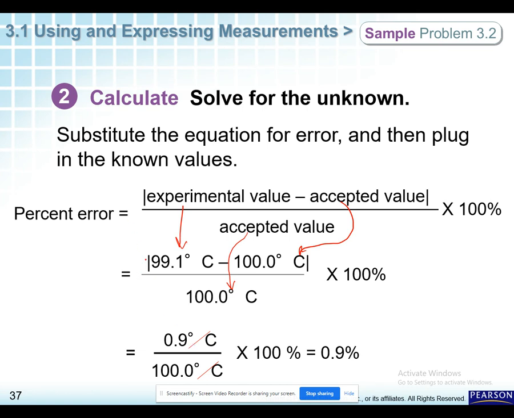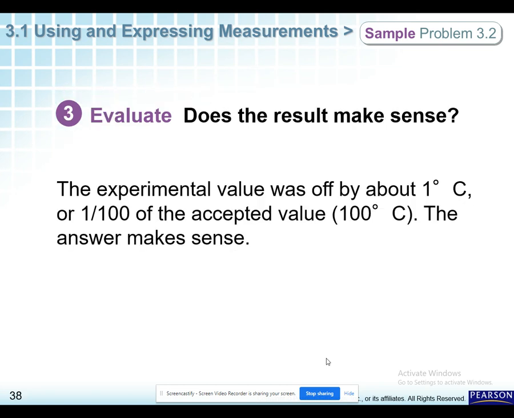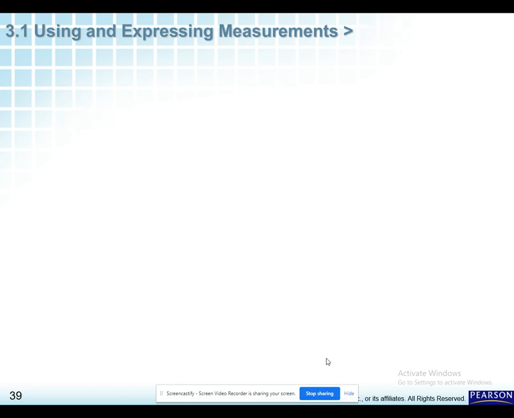But since these are absolute value bars, I have to have a positive 0.9. Then you divide by 100, and then you multiply that by another 100 to get a percent, so you get 0.9% off. So you are less than 1% off, which is a very, very good measurement. Does this result make sense? Since it was off by about 1 degree Celsius, it makes sense that your answer is about 1% off. Anyways, that's the end of the lesson, and let me know if you have any questions.